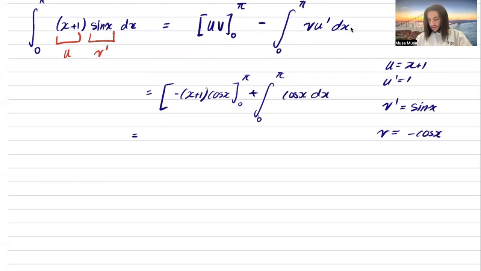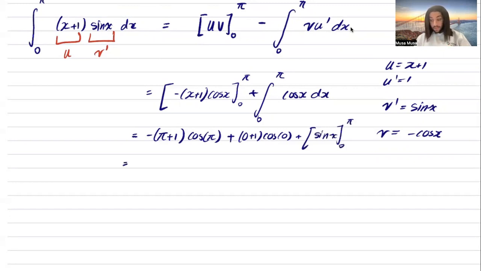Now, if we sub in pi into the first one, it's going to be minus pi plus 1 cos of pi, and then minus, but then you have another minus, so plus, and then you have 0 plus 1 times cos of 0, and then you have plus, and what's the integral of cos x? Sine x, so sine x from 0 to pi.